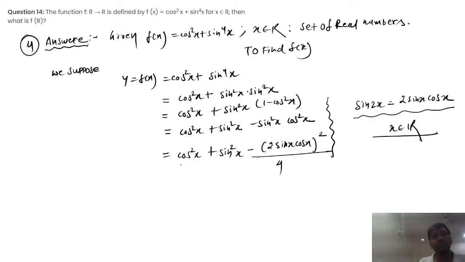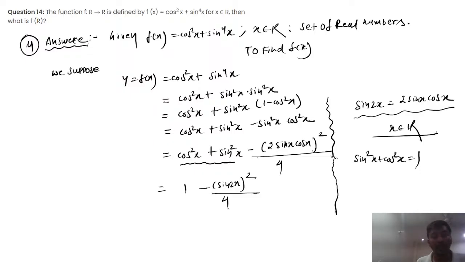Now we know that sin square x plus cos square x is 1. So can we write like this? 1 minus sin square 2x upon 4.